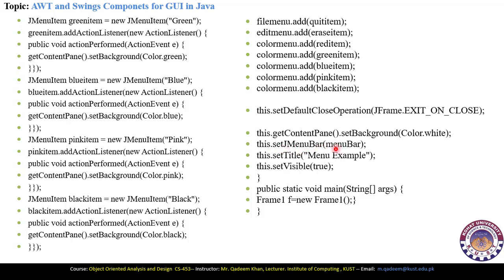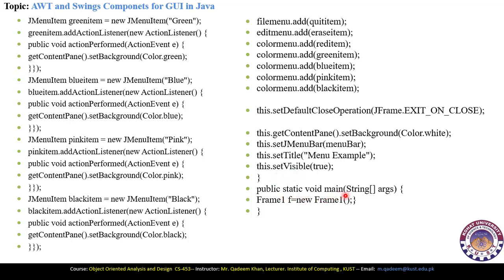We have added the menu bar by using setJMenuBar in the current class object, and its title will be Menu Example, because the setTitle function defines the title here. this.setVisible(true) means that when the program is executed, this will keep the window on, or keep the window appearing.